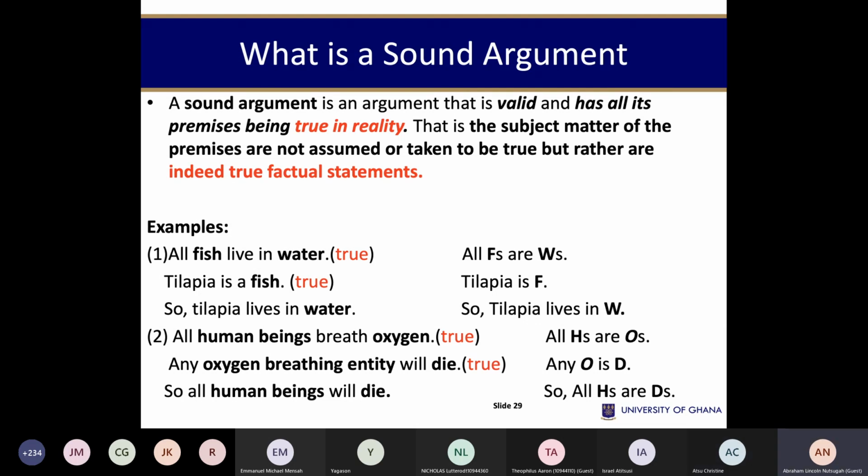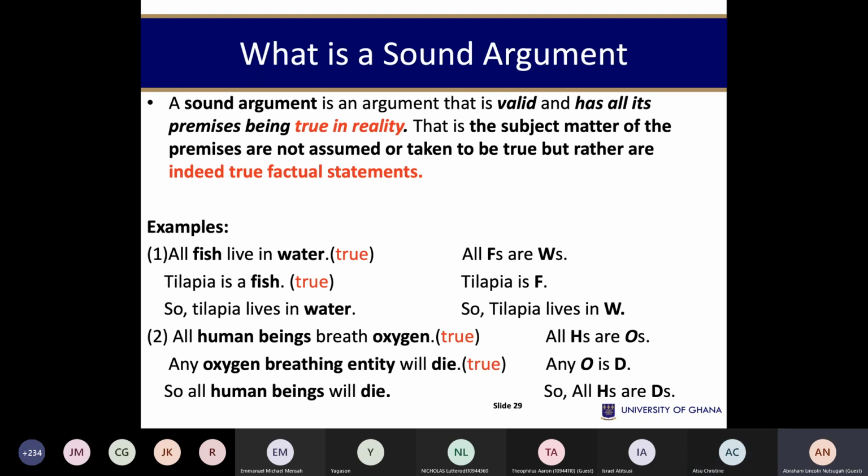But what we have here, the two premises are true. So if they are true, the conclusion will automatically follow. So they are valid and they are sound. This is a sound argument. So if you look at it carefully, soundness has to do with what? Valid arguments.